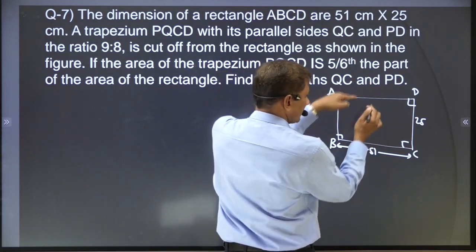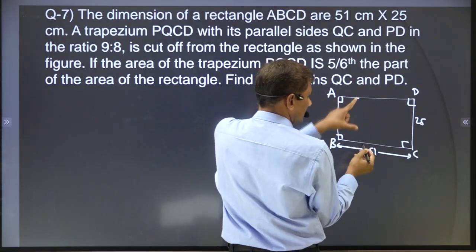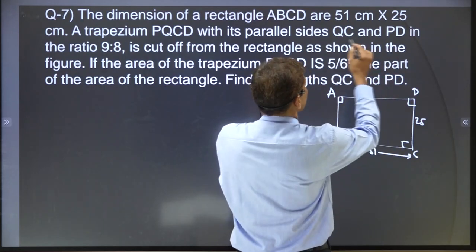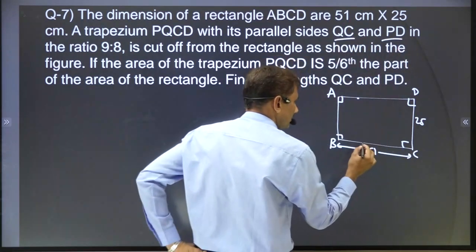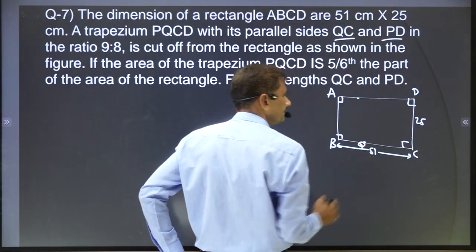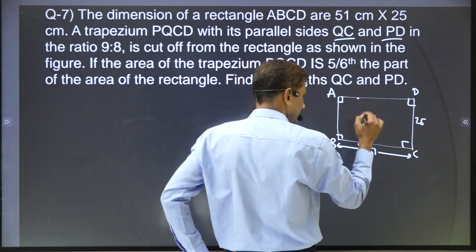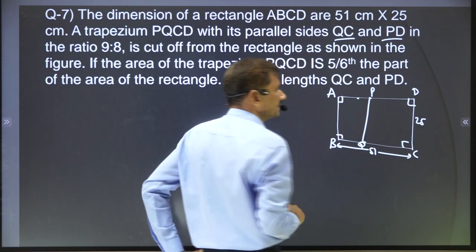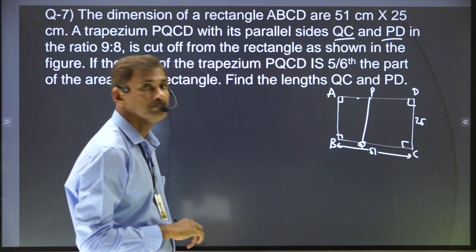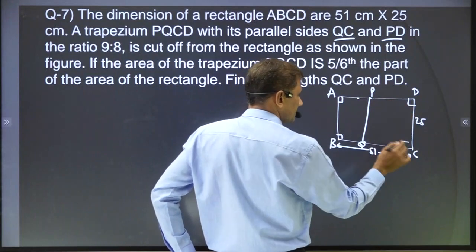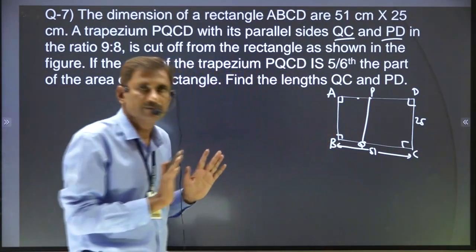So if I put here P and here Q, then PD and QC. So I have to place Q anywhere, and P anywhere. They are parallel, not given equal or anything like that. Here a right angle is not there, just PD and QC should be parallel, so it becomes a trapezium.